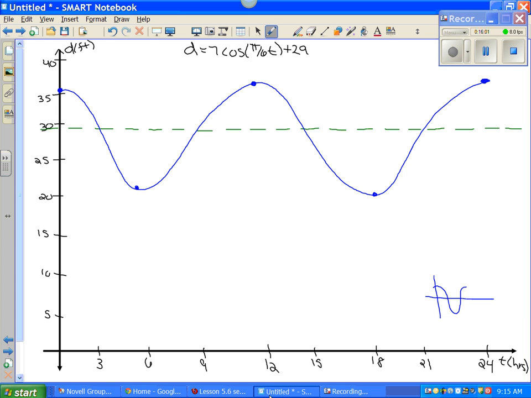At our maximums, right? So I'm going to label these HT, which is high tide. And where do we find low tide? Minimums, LT. Okay. I'm also going to make sure, well, I've got my function labeled. Okay, make sure your function is labeled if it isn't already. All right, with the formula, with the equation.